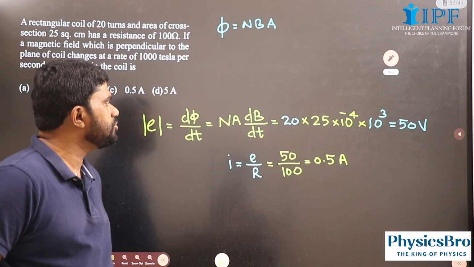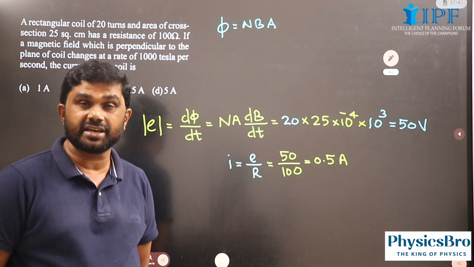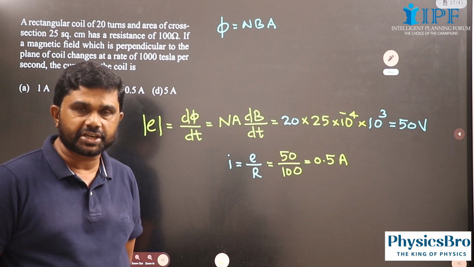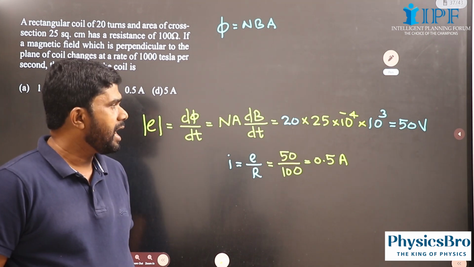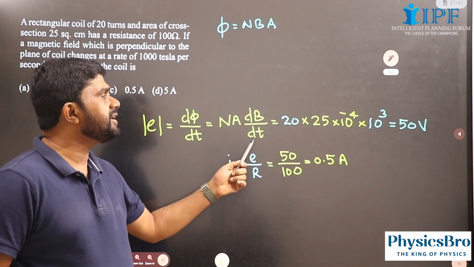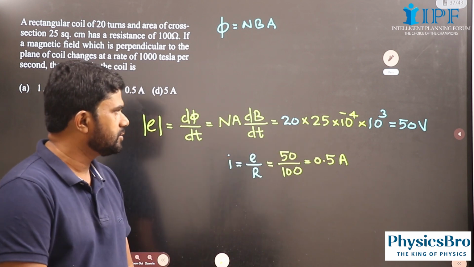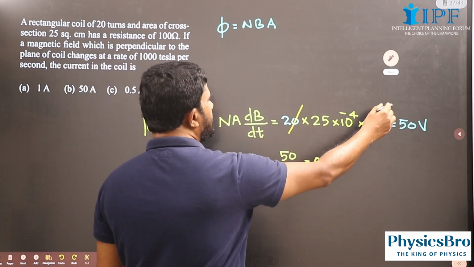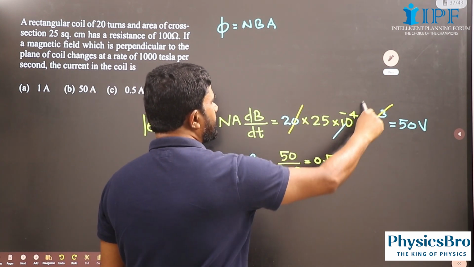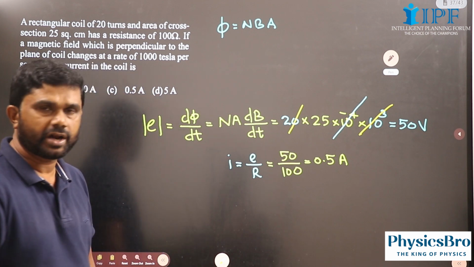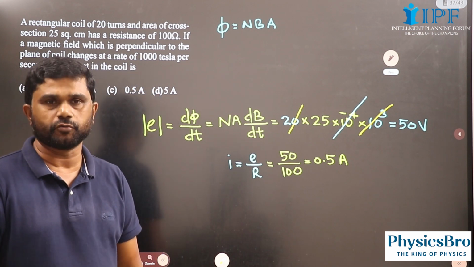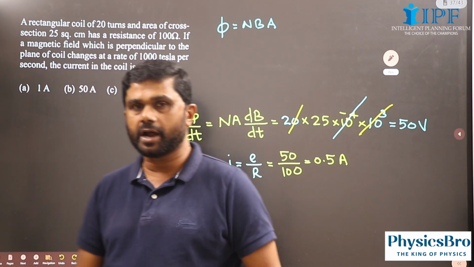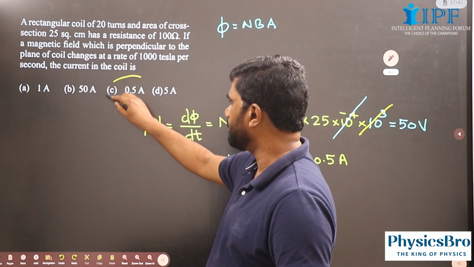Number of turns is 20 and area is 25 square centimeter, which can be converted to meter square by multiplying with 10 raised to minus 4. And dB by dt is 1000 Tesla per second. Now here we have 10 and 10 raised to 3, that is 10 raised to 4, and 10 raised to minus 4 can be cancelled. What remains? 2 into 25, that is 50 volt. And the resistance is given as 100 ohm. So 50 volt by 100 ohm, that will be 0.5 ampere.